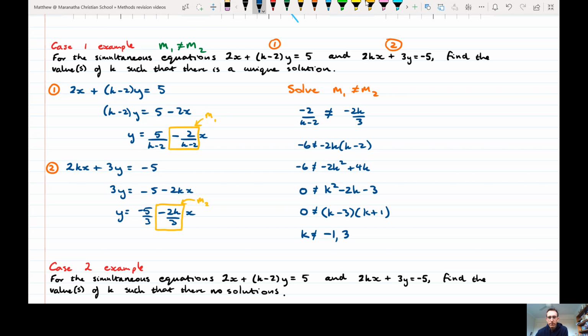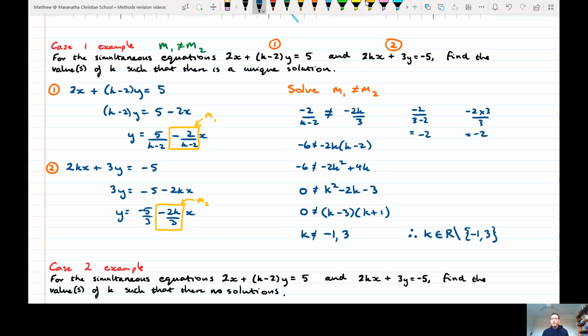So I can say, therefore, for a unique solution, k can be all real values except, using our proper set notation, except for -1 and 3. And we can quickly check that if we want. If I put k equals 3 into this first gradient, you get 3 minus 2 in the denominator, which gives you 2. And on the other side, if you put -2 times by 3 over 3, that also gives you -2.